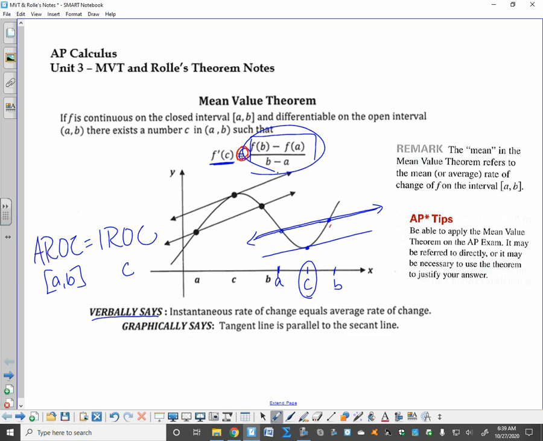So this slide right here is really, really important, not just to understand the process of the MVT, but the point of the MVT. And it is where your instantaneous rate of change, the slope of the derivative, equals the average rate of change, your AROC, which is just your mean, your average rate of change through 2 points.